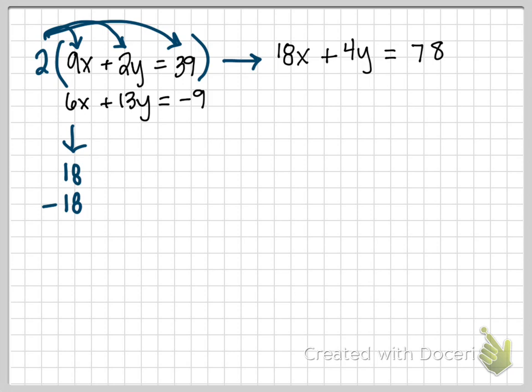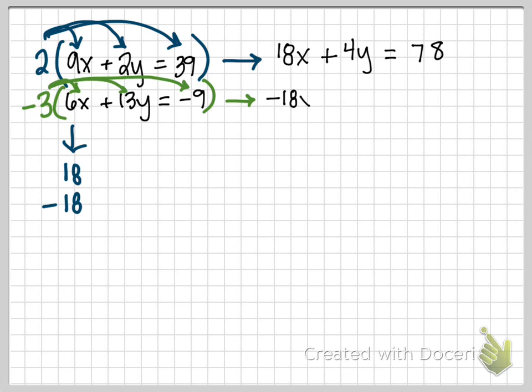Now, what should I multiply this one by in order to get a negative 18 in my x position? Negative 3. Okay, and as I did before, every term by negative 3.